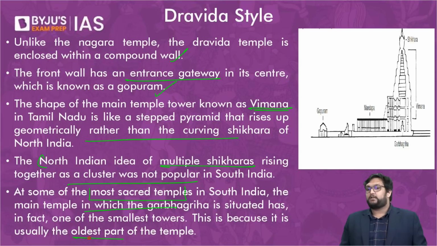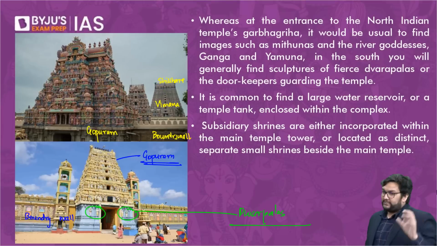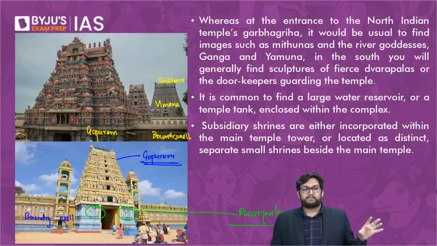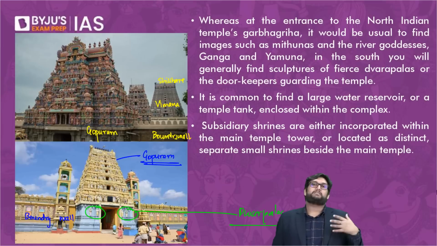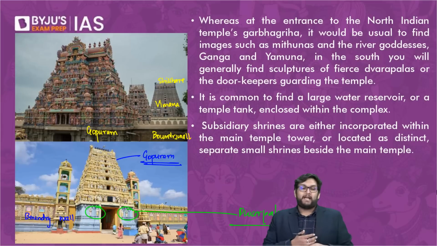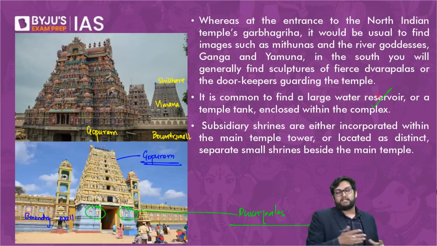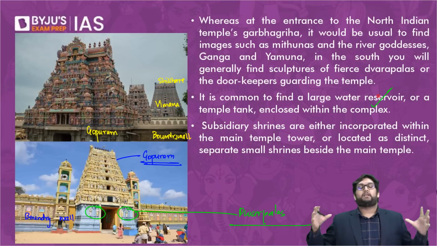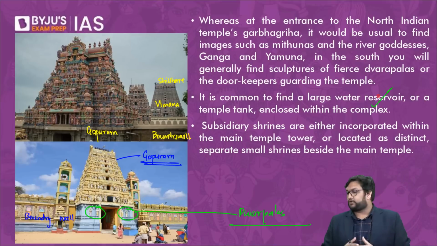And thereafter, the entrance of North Indian temples would have Mithuns, goddesses, Ganga, Yamuna. But in South, you will have Dwarpals, gatekeepers to instill fear. Water tank is very common, and subsidiary shrines are either incorporated into the main tower or have separate shrines. There's no clusterization, that is for sure.